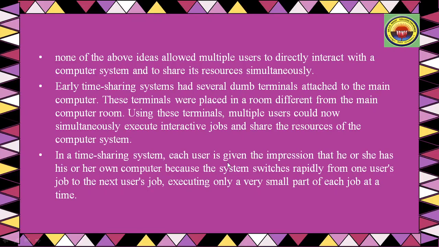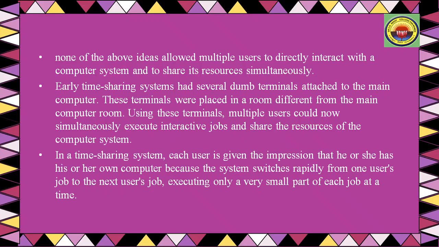It creates an illusion that he or she is owning a computer, because the system switches rapidly from one user's job to the next user's job. In that way, multiple users can do their jobs simultaneously, and it gives an illusion that the computer is executing his own job.